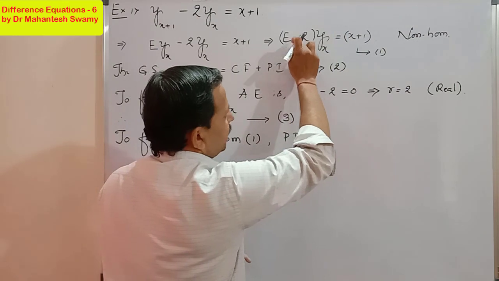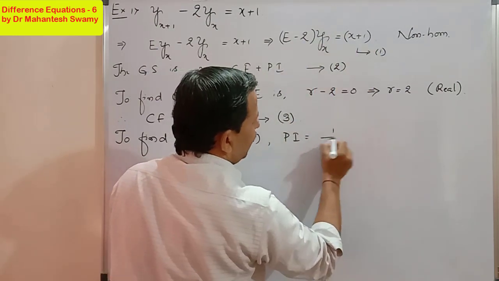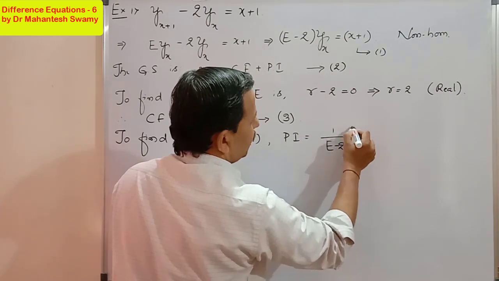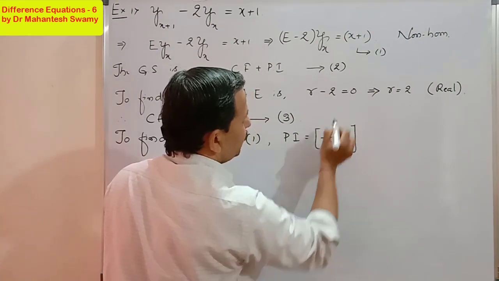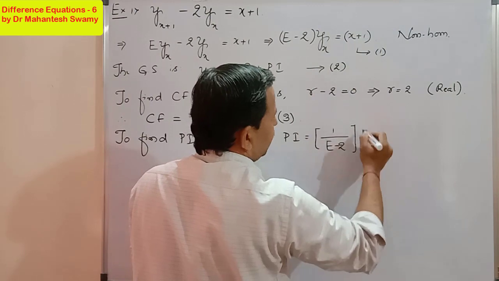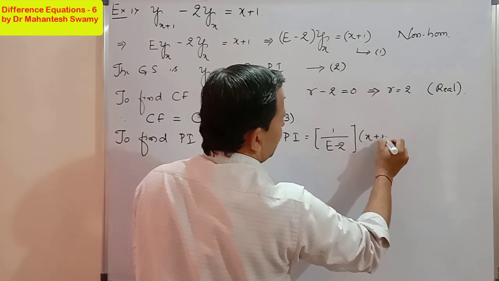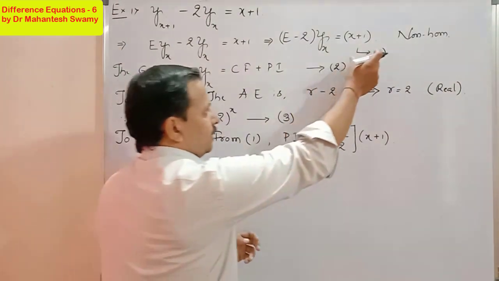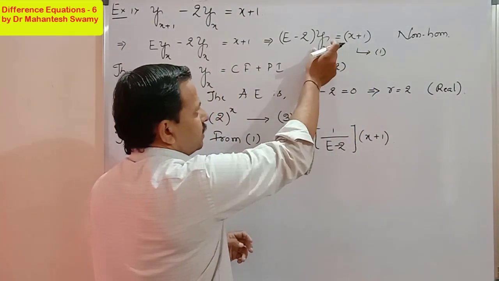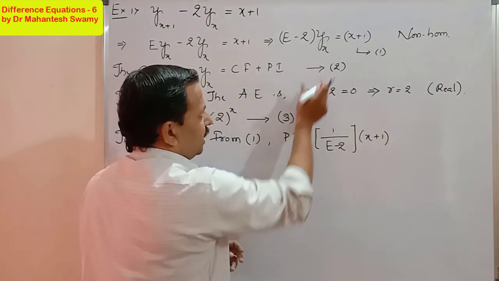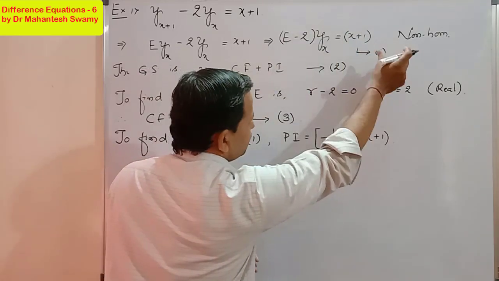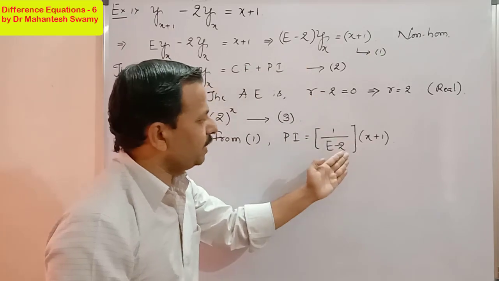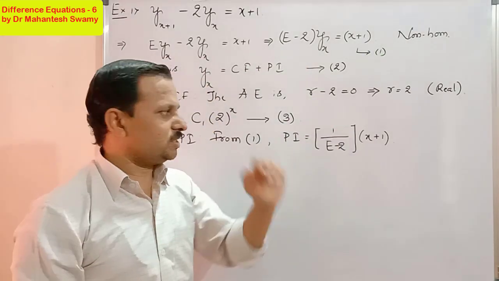And whatever is there, you take it to this side, it becomes 1 divided by (E - 2). And this bracket is operated on whatever is there on the right hand side, that is x + 1. So particular integral is equal to 1 divided by (E - 2) operated on x + 1.